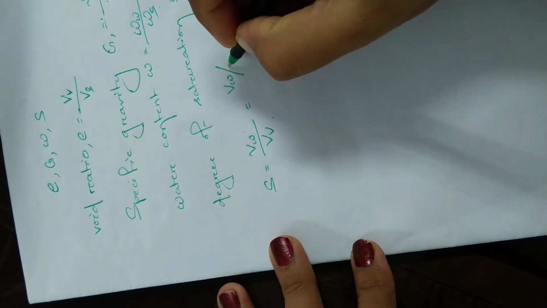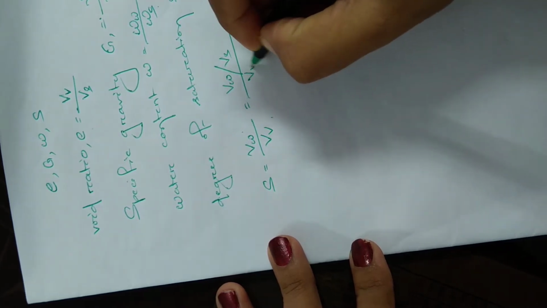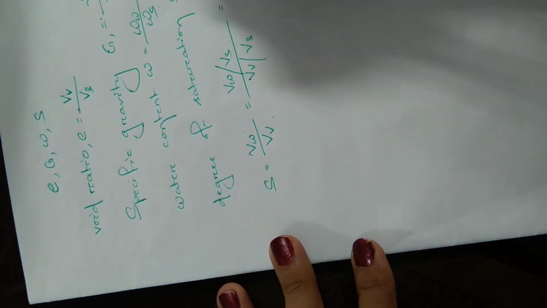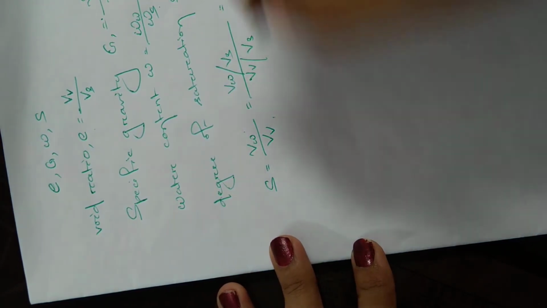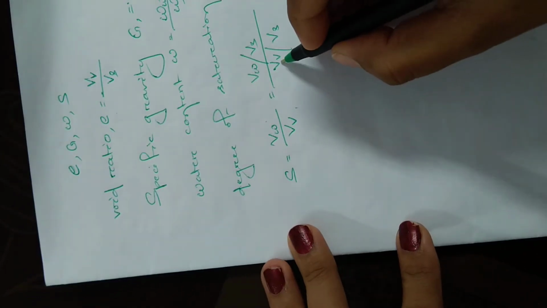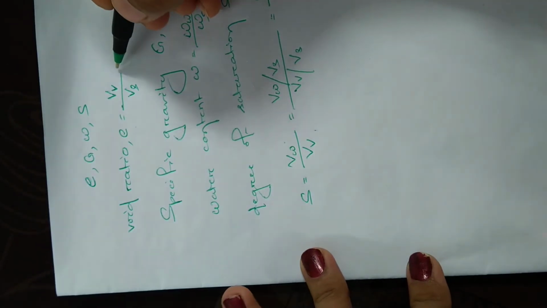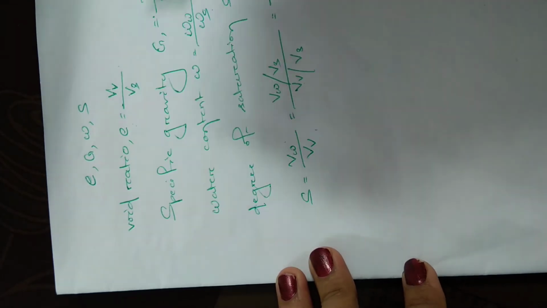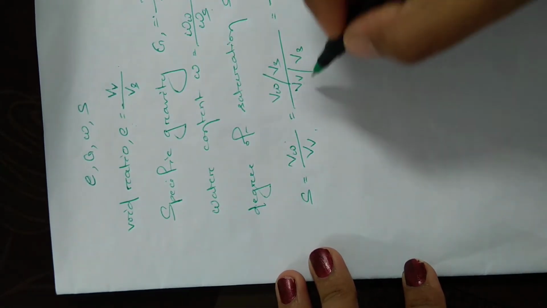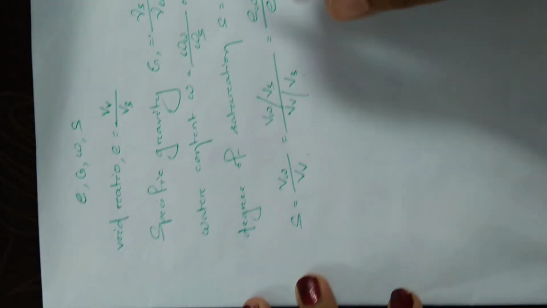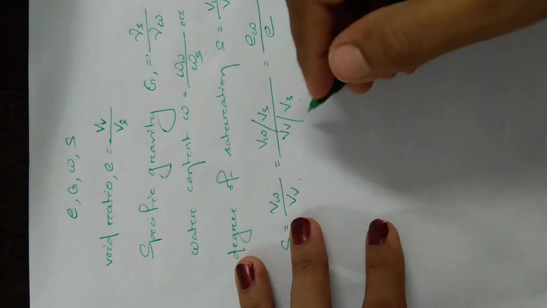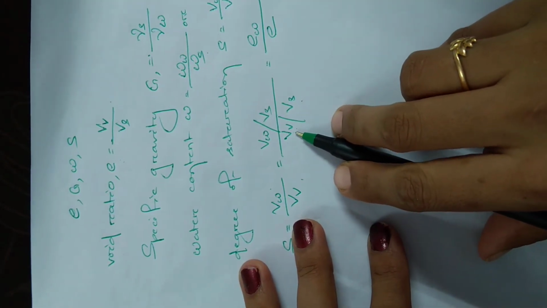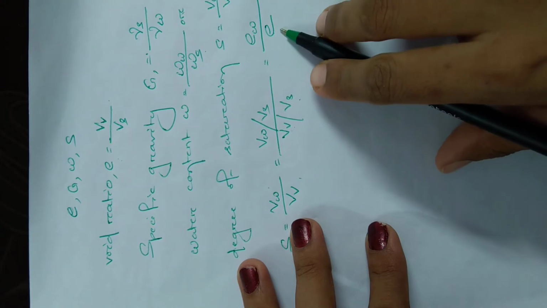So dividing Vw by Vs as well as dividing Vv by Vs, the formula will become EW by E, because we know Vv by Vs is the formula of void ratio E. So I have written E in place of Vv by Vs.